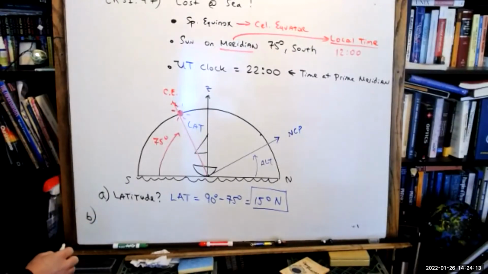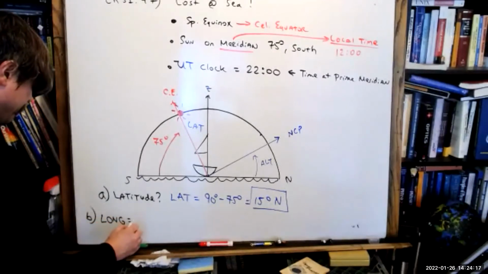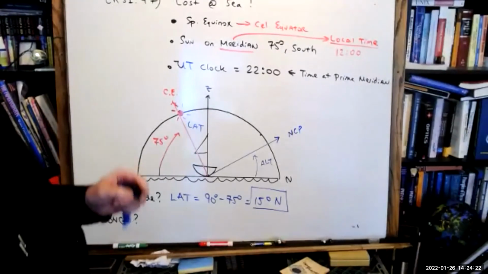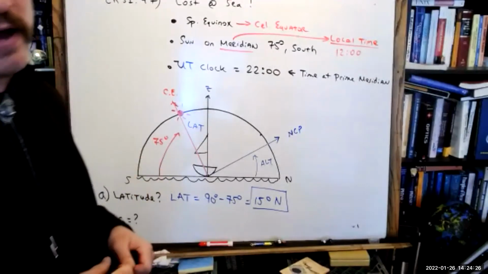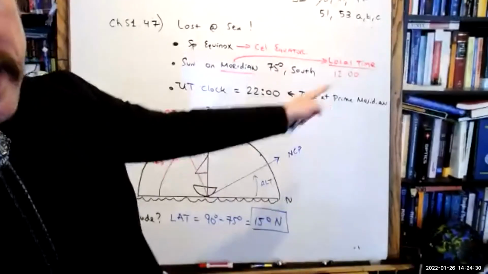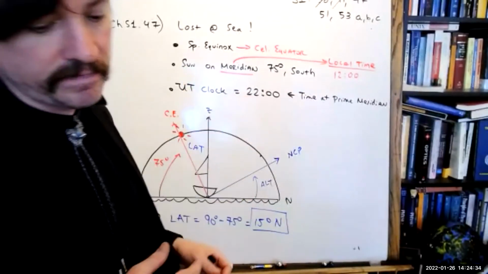47B, what is your longitude and how do you know? All right, this one's tricky, so I'm going to help you here. Your longitude is your degrees east or west of the prime meridian. Now, the local time is earlier than the time at Greenwich, England, right?